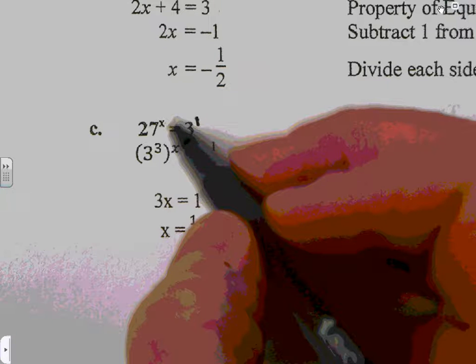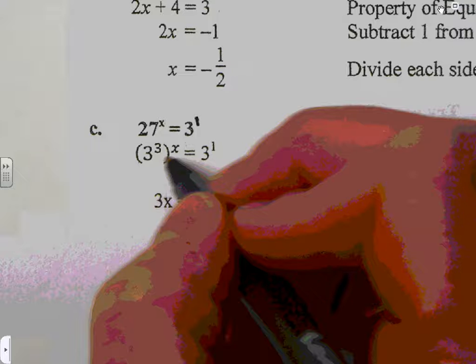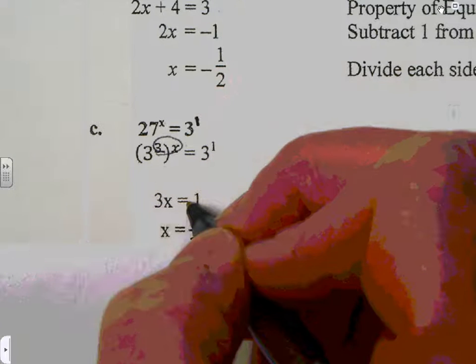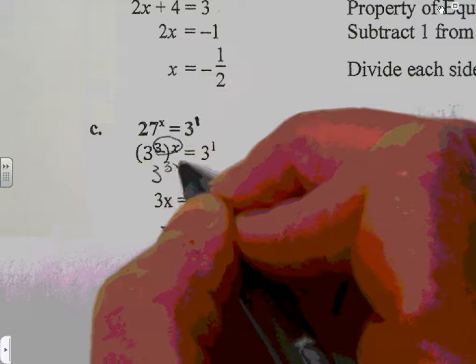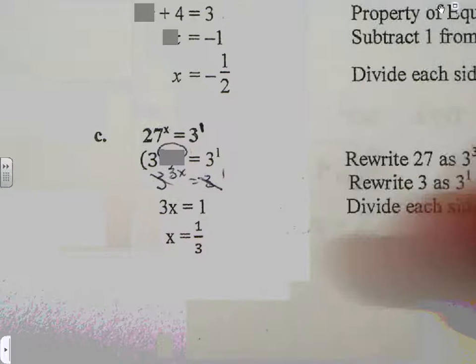And then you can see we rewrote 27 as 3 to the 3rd power. We multiply our exponents together, so they become a 3x. I canceled out my bases here. That's why you don't see this. And then you solve the problem.